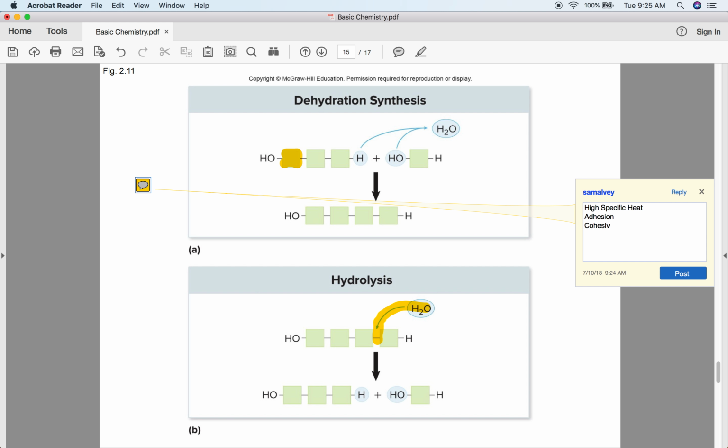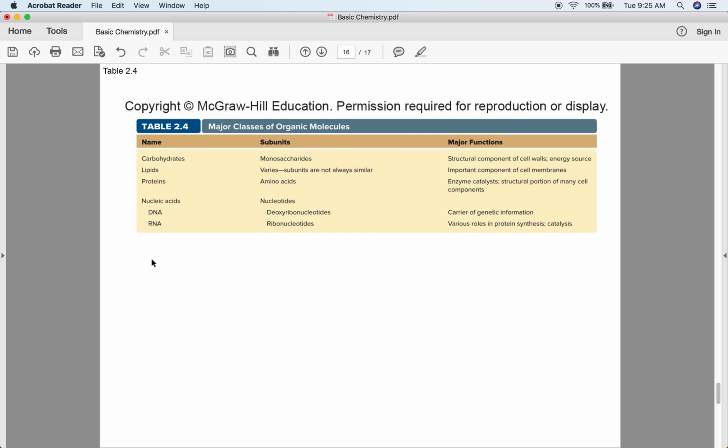It is cohesive, all right, and it is polar, it has pH, and it forms hydrogen bonds. It has some other properties such as surface tension and some other things that are important, but for us, these really are the main bits, all right? So go ahead and commit those to memory at some point.